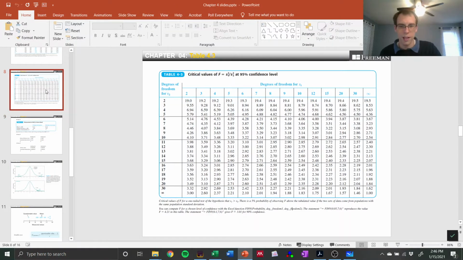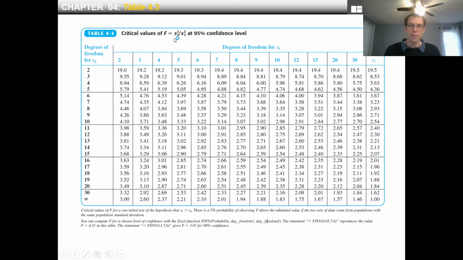This is what F-table looks like, the table. Different critical values of this. This is all at 95% confidence. We're going to use this for 95% confidence. You could recalculate this for any other probability you wanted, but we're going to stick with 95%.